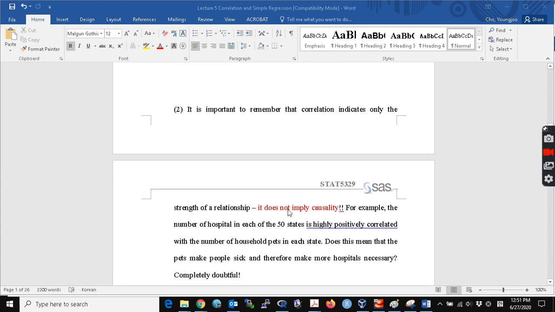And then it is important to remember that correlation does not indicate causality.